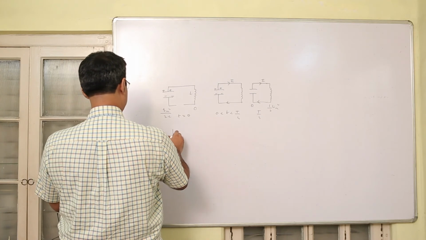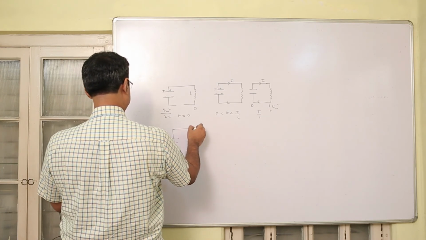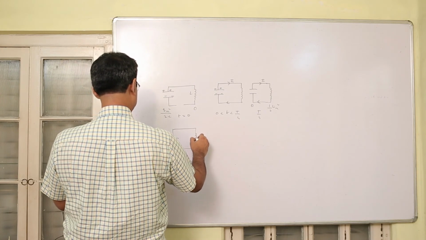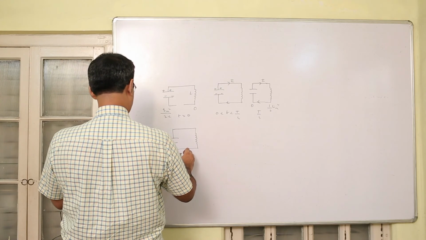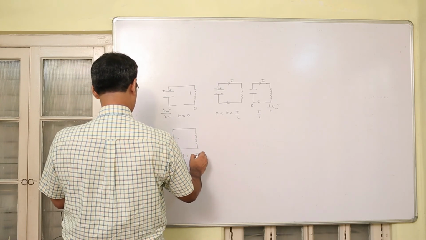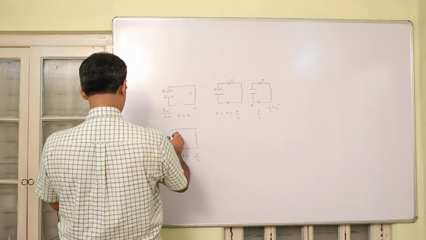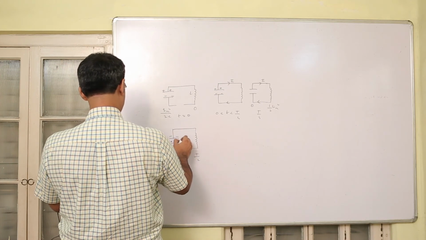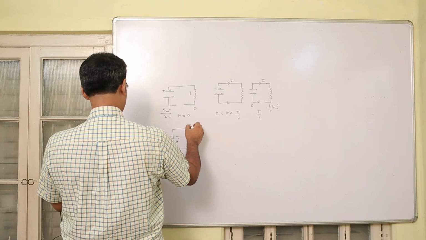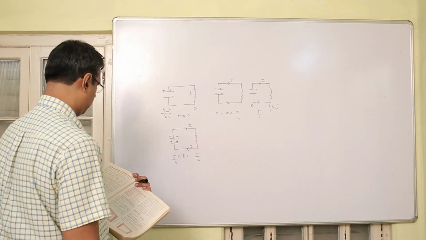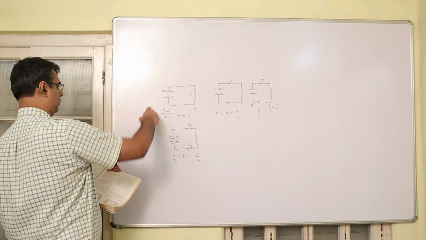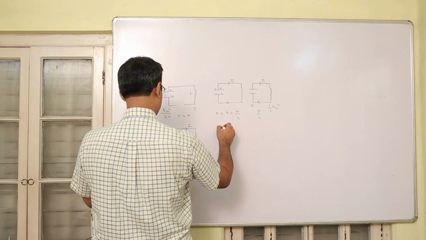Again, let us consider a situation when time is between T by 4 and T by 2. Now this time what will happen is the inductor will send current into the circuit and the plates of the capacitor will be charged in the manner opposite to the initial charge.